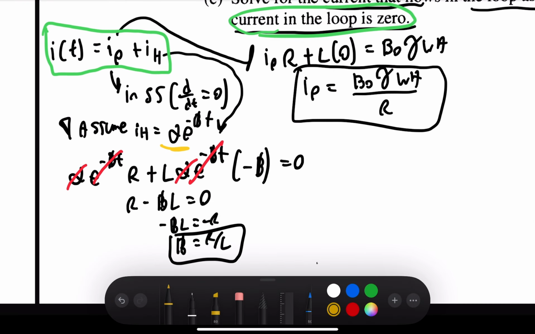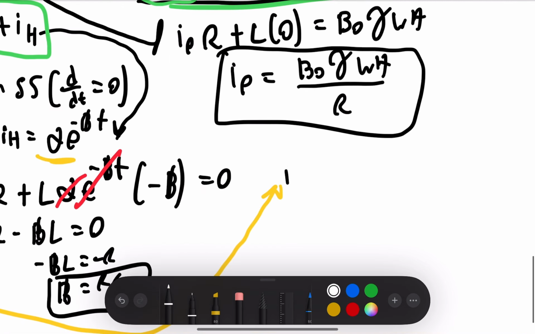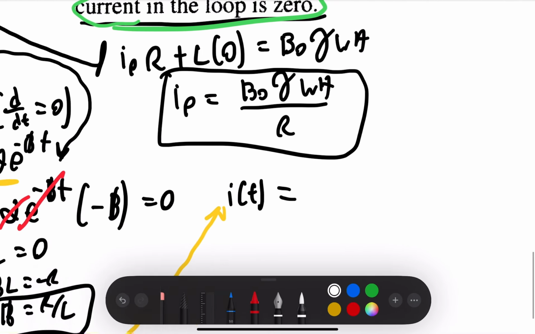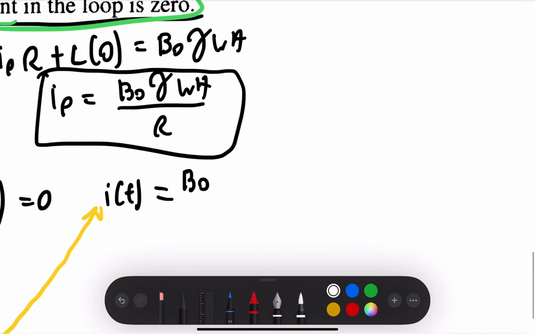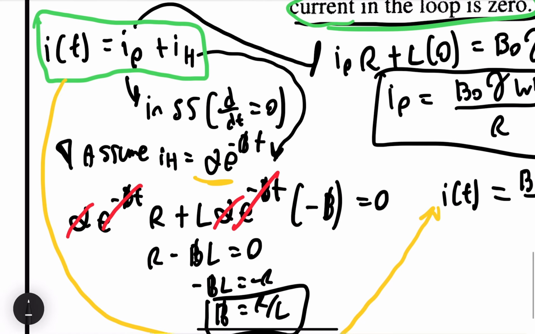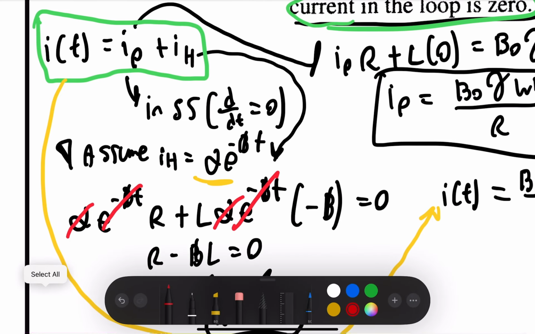So let me move this over here. I of t is equal to IP, which is B naught gamma WH over R, plus IH. IH is this, right? In the red box, this is IH.